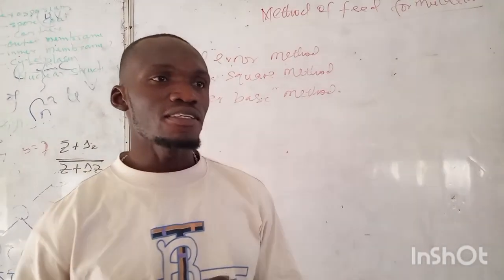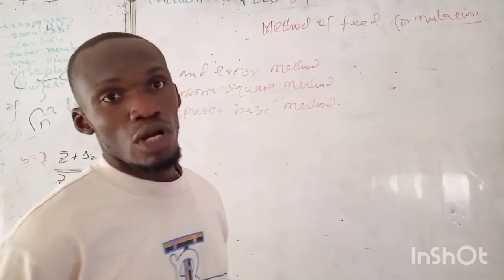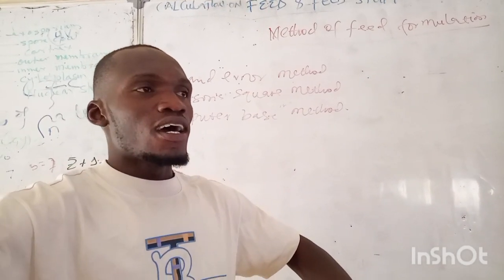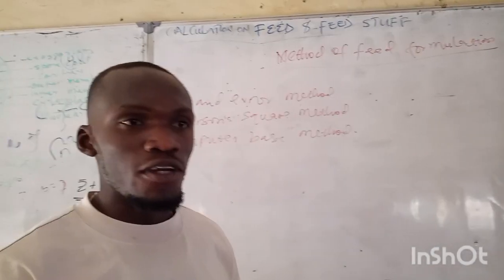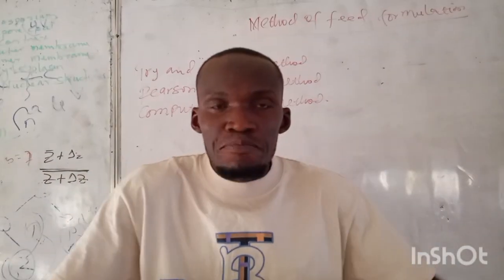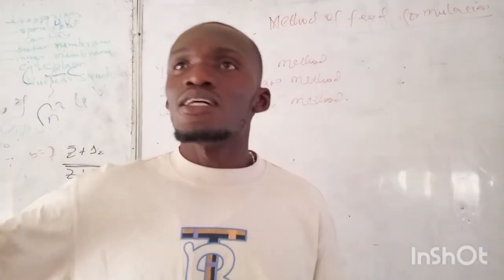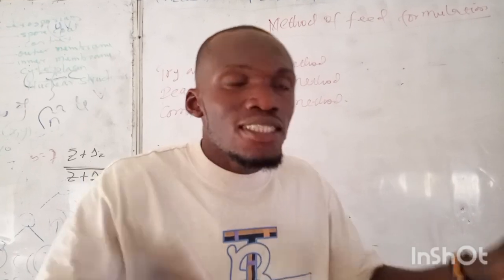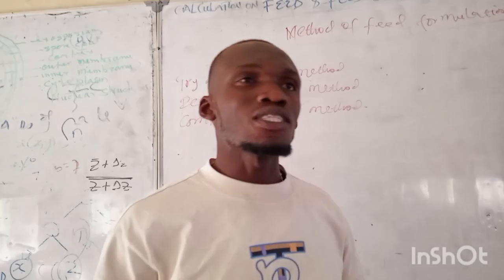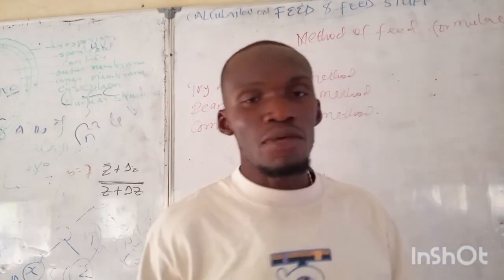For example, if you have fish meal and soybean meal as protein sources in your feed, you calculate the percentage of the protein of the fish meal and the soybean meal. You add them together, they become one protein source. The same thing with energy. So you must have an energy source and a protein source to calculate using Pearson square method.